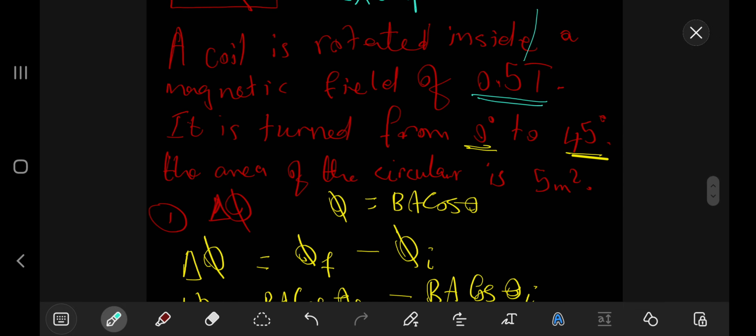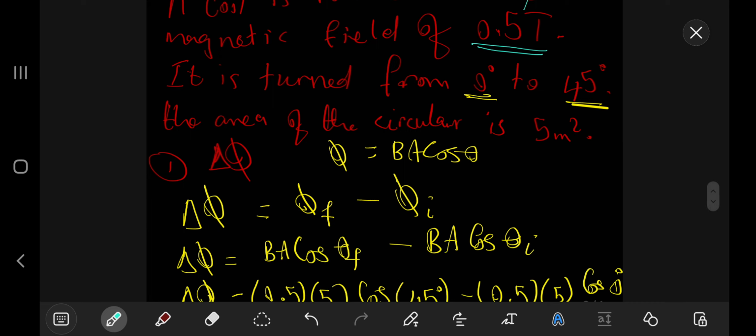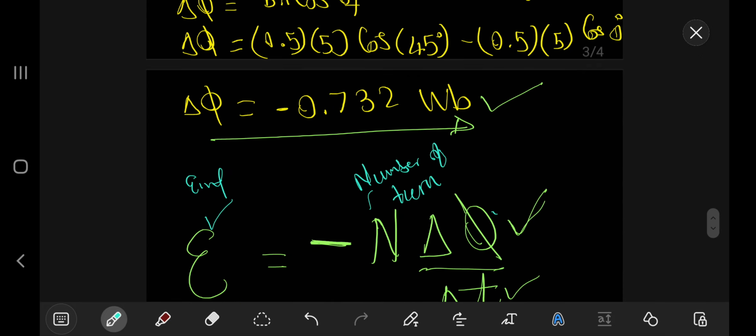A coil is rotated inside a magnetic field of 0.5, right? It is turned from 0 to 45 degrees, and the area of the coil is 5 meters squared, right? Number one, calculate the change in the magnetic flux linkage.